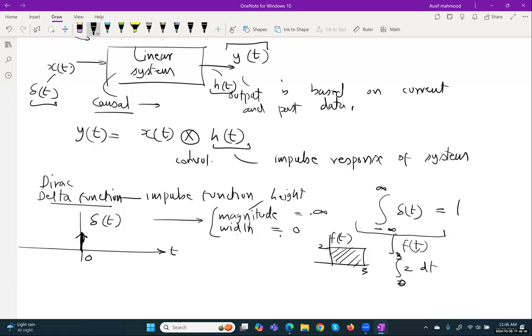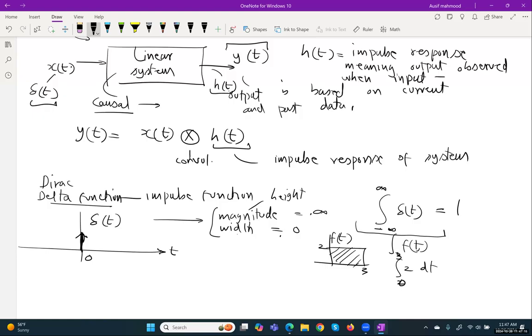So h of t is the impulse response, meaning the output observed when the input is delta of t.